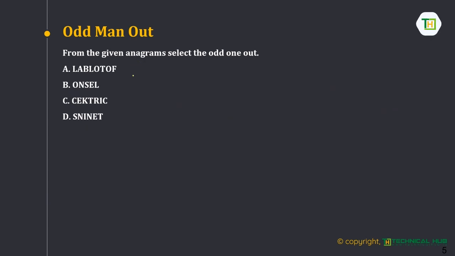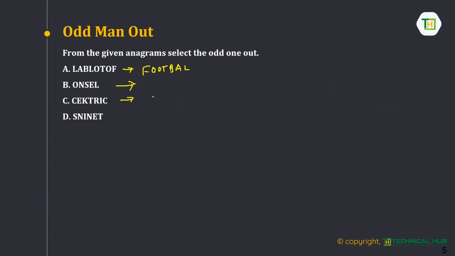If you observe these options, observe the first option. If you arrange it in the correct, meaningful order, this can be written as football. Arrange the meaningful word: on seal means wait for some time, so go for here.